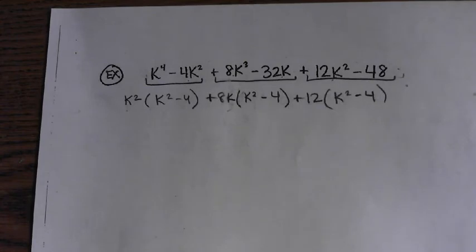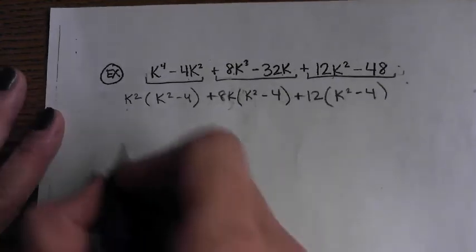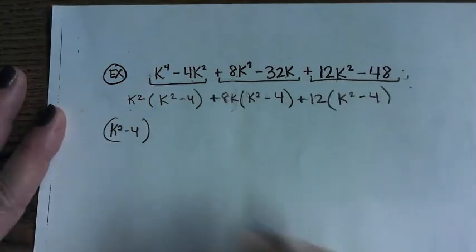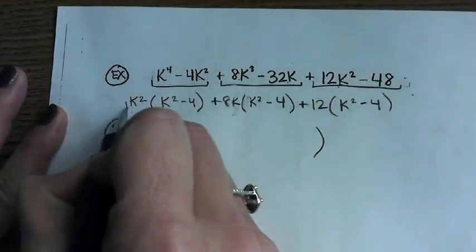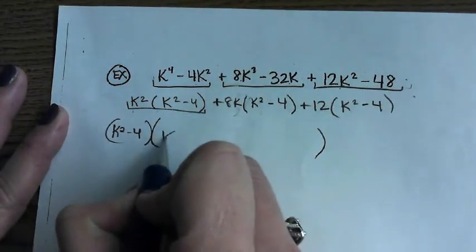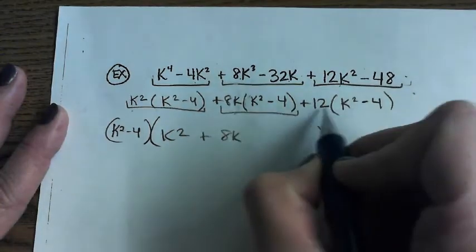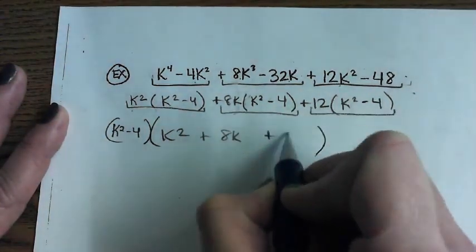So now I have 3 terms, and how do I know grouping worked? Same thing in parentheses, right? So that k squared minus 4 is going to be pulled out in front. And what's left of each of the 3 terms? Just a k squared on the first, plus an 8k on the second, plus a 12 on the third.